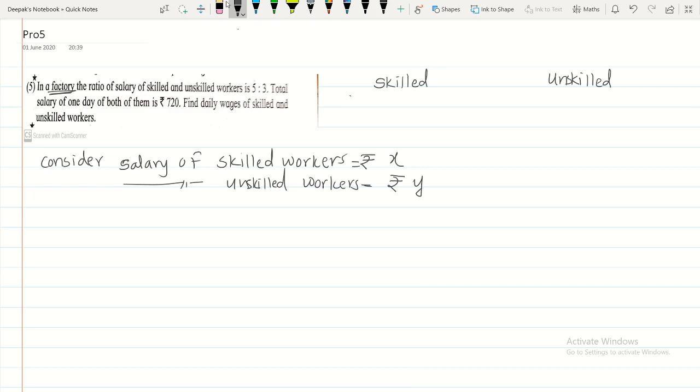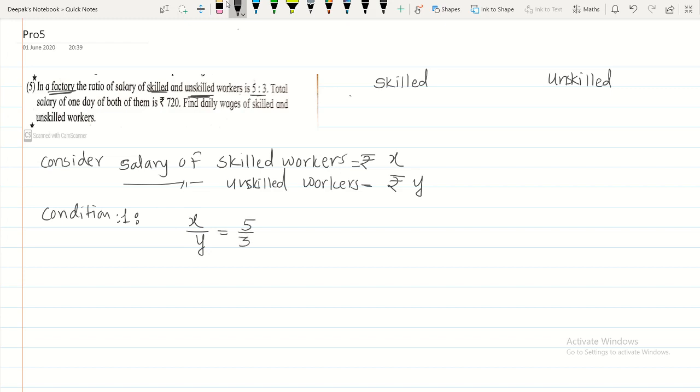Now from condition 1, what is condition 1? They said that the ratio of the skilled and unskilled workers is 5:3. So ratio means division. The salary of the skilled person is X and the salary of the unskilled person is Y. This ratio is equal to 5:3.